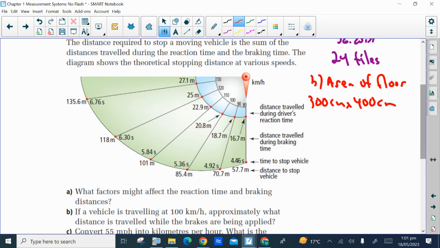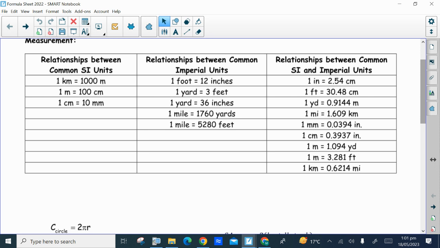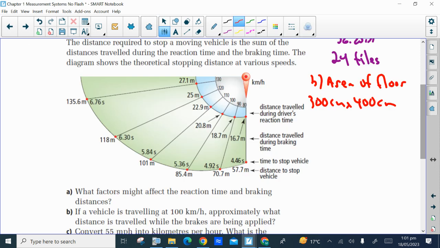And I think if we look on our formula sheet, we will see that. 1 meter is 100 centimeters. Okay, so that's where that comes from. So 300 times 400 would be 120,000 centimeters squared. 3 times 4 is 12, and then you're going to have 4 zeros. So there's the area of the floor.